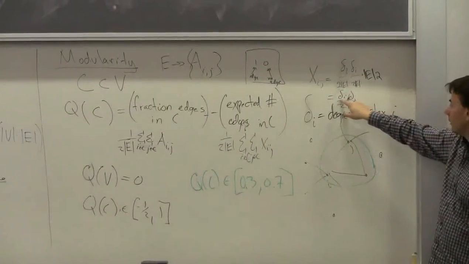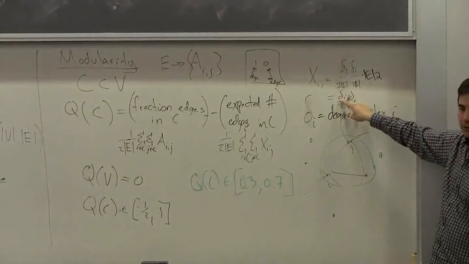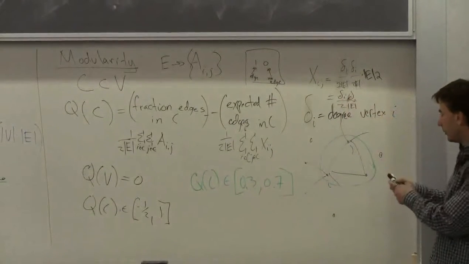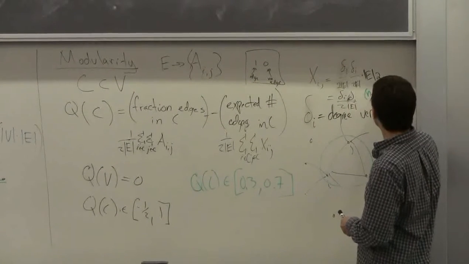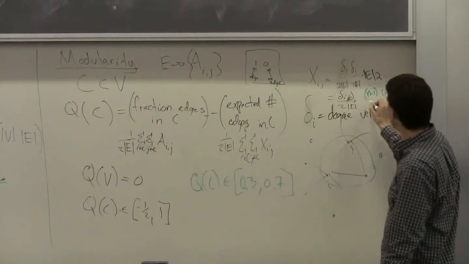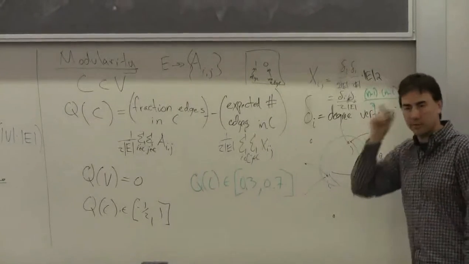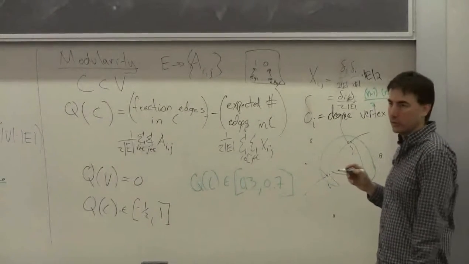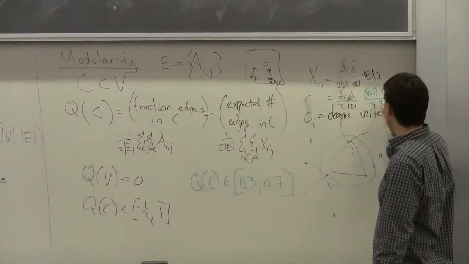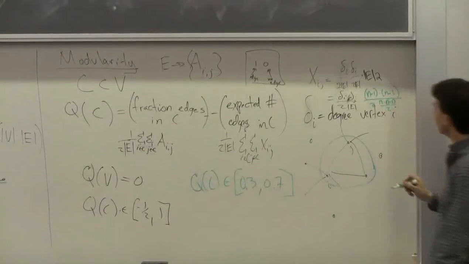The degree of everything is going to be n minus 1, so I'm going to have n minus 1 times n minus 1, and then I'm going to divide by 2 times the number of edges. The number of edges is going to be n choose 2, which is n times n minus 1 over 2.